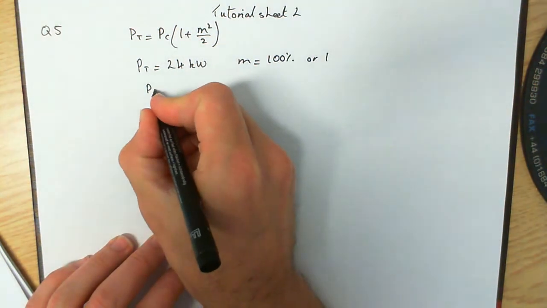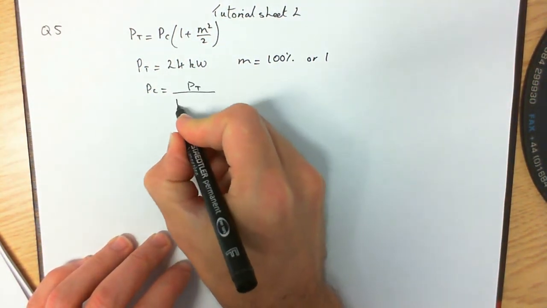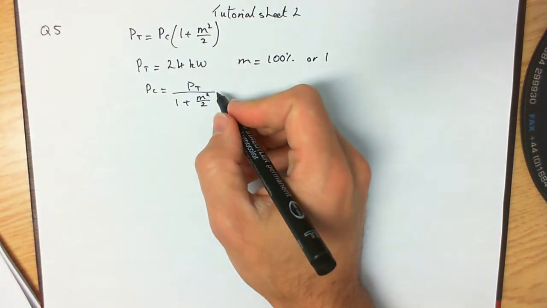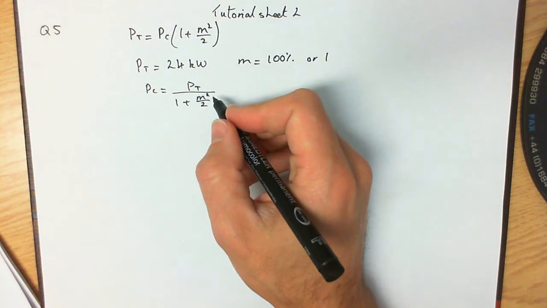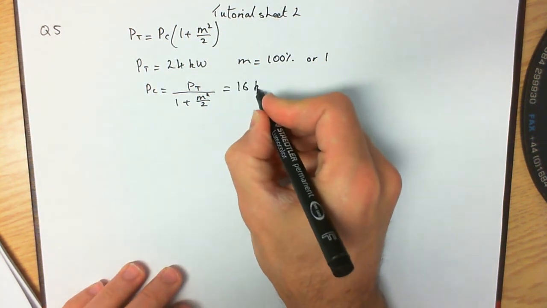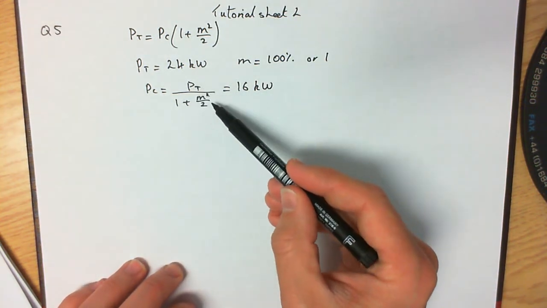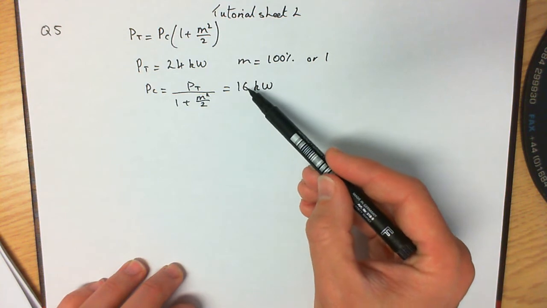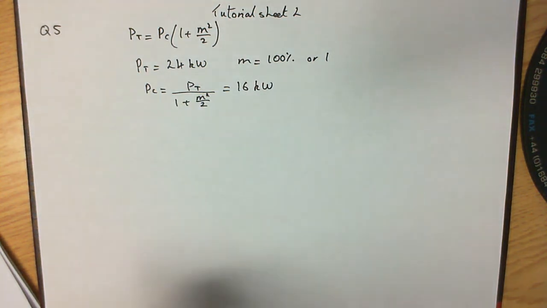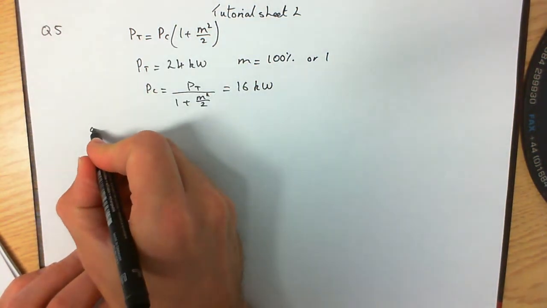In other words, PC is equal to PT over 1 plus M squared over 2. If we do that, we get that PC is equal to 16 kilowatts. So if we input 24 kilowatts here and M is equal to 1, we get a carrier power of 16 kilowatts. So those are the three bits of information that we need.